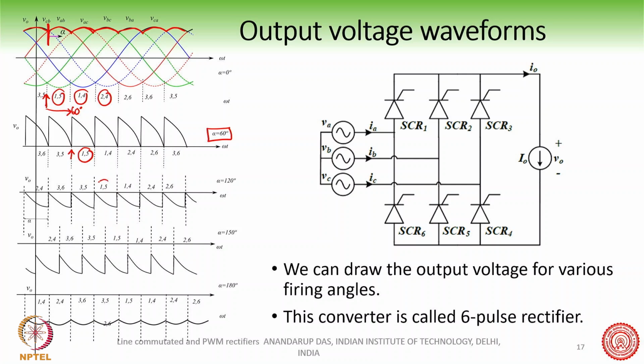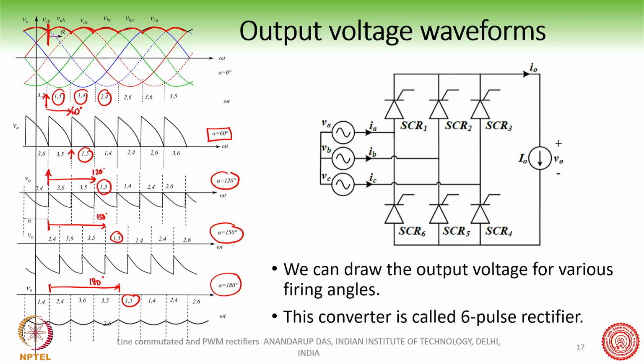Now you see alpha equal to 120 degrees. So from this point you have shifted to 120 degrees. You can also shift to here, so this is 150 degrees, and of course 180 degrees from this point, like this.